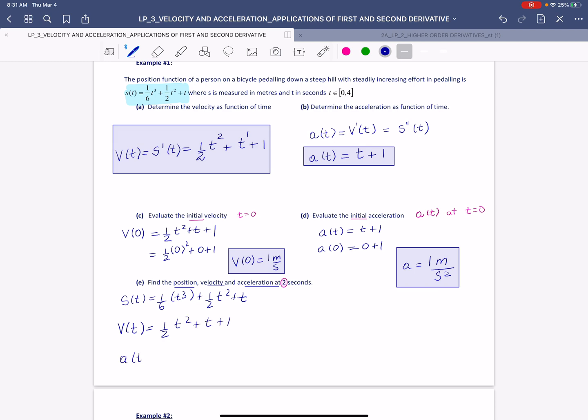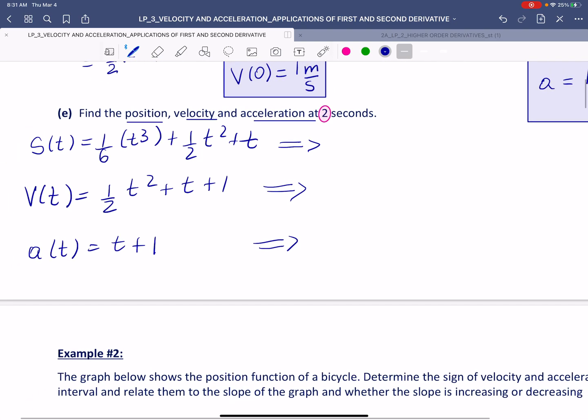And a(t) equals t plus 1. So by now we know the equations of all these three quantities. All we have to do is evaluate time equals 2 seconds. So we're finding s, v, and a at 2 seconds, which means that wherever you see the variable t, you replace it by the number 2.